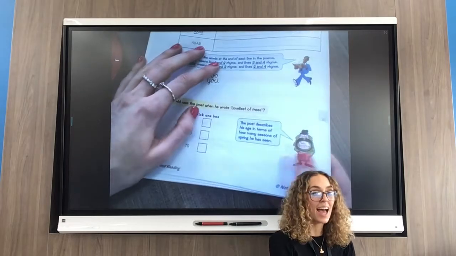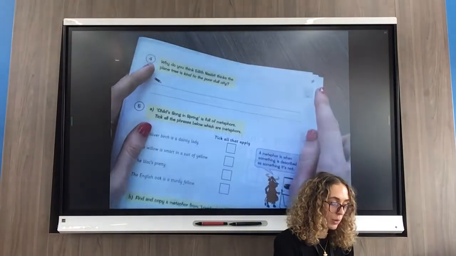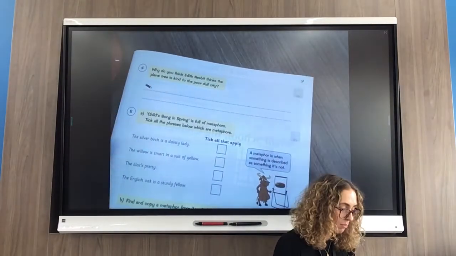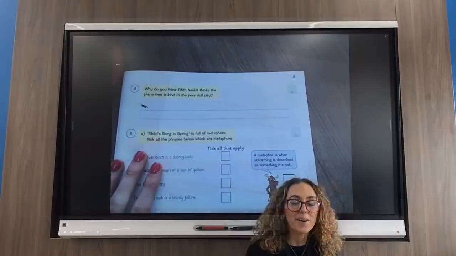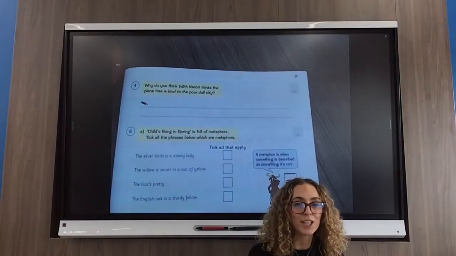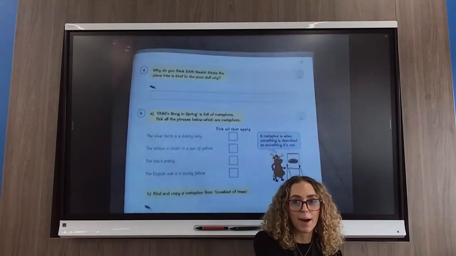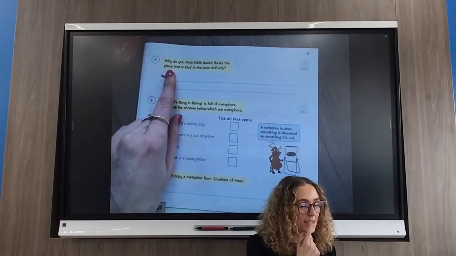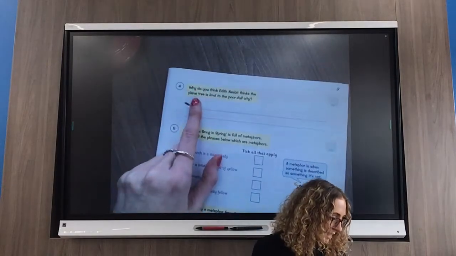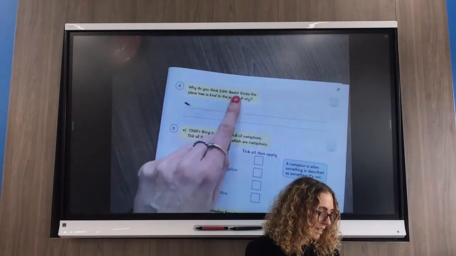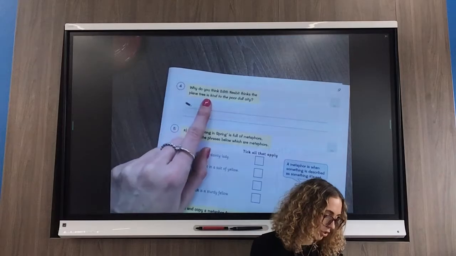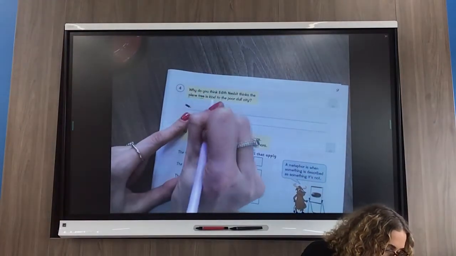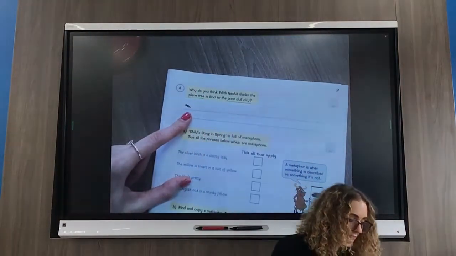Okay, so now we are going to move on to our questions on page number 9. For our questions on page 9, we are going to use some of today's learning about metaphors. But before we move on to that question, we've got to answer question 4. And it says, why do you think Edith Nesbit thinks the plane tree is kind to the poor dull city?